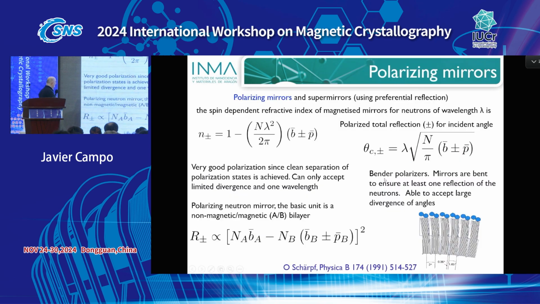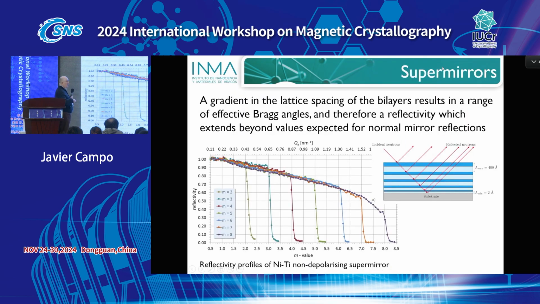Because this is good for one wavelength, but we need to have polarization for many wavelengths. And then we can have, like this, mirrors that, you can see here, reflect one given polarization and not the other. And this kind of mirror we call supermirrors.